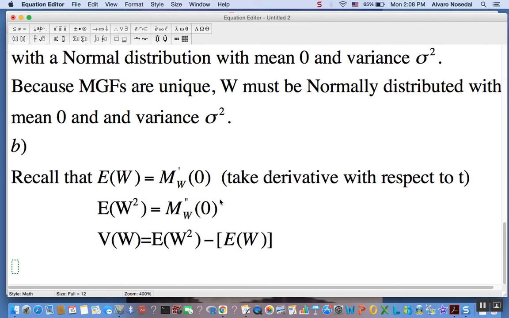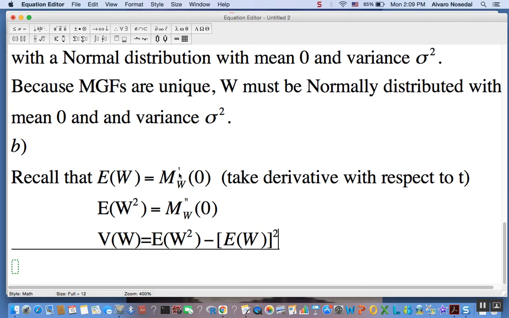Remember, we talked about that a while ago. Okay? So again, in this case, we already know what the answer must be. We would be just double checking using these properties of MGFs.